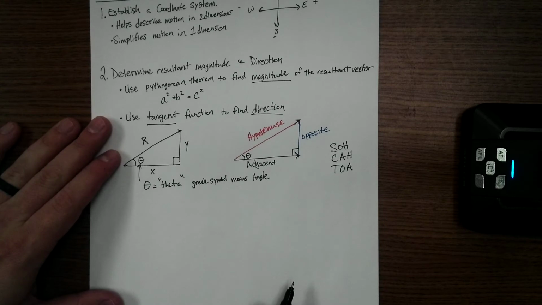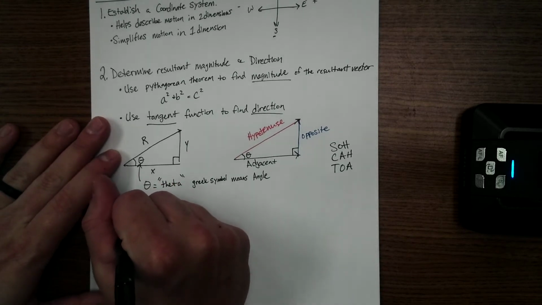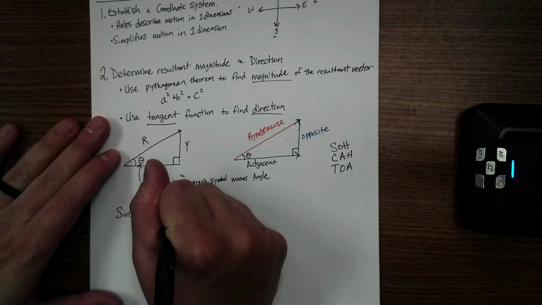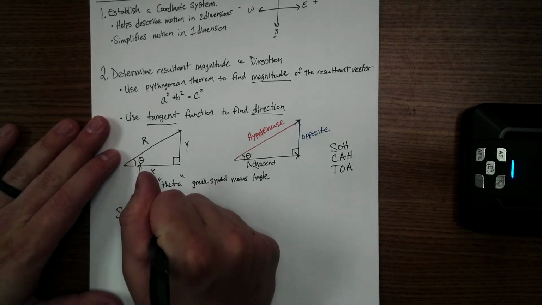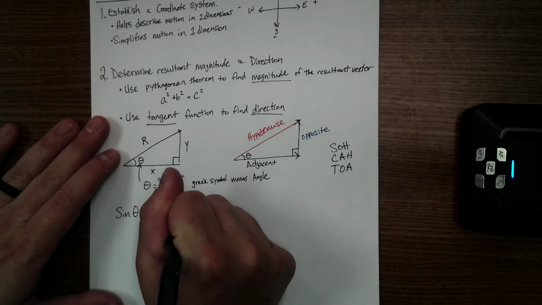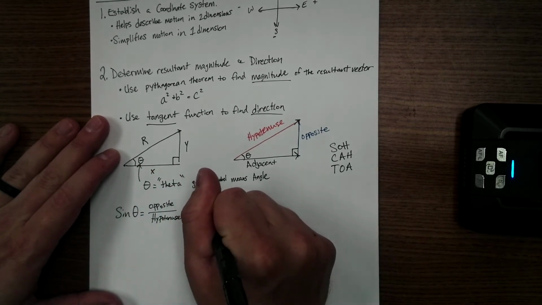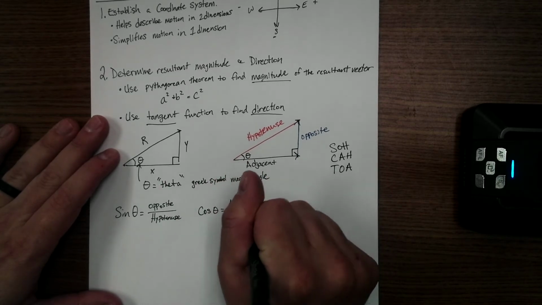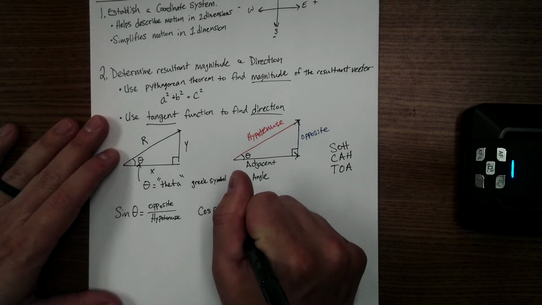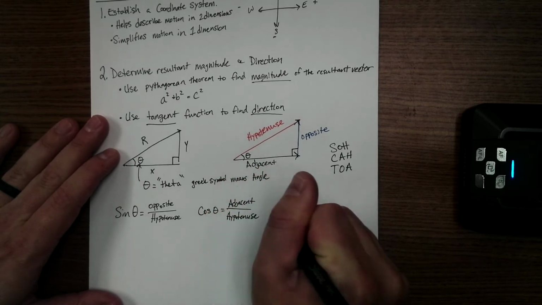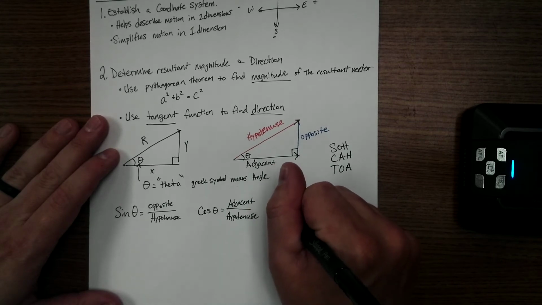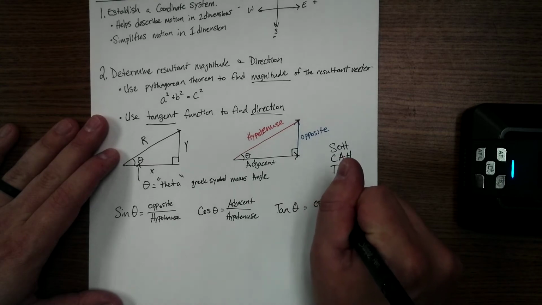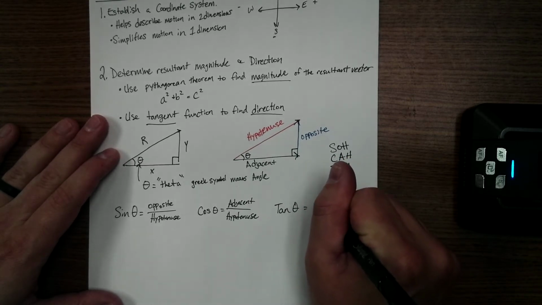So for a quick recap, the sine of an angle is equal to the opposite over the hypotenuse. CAH is the cosine of an angle is equal to the adjacent divided by the hypotenuse. And TOA is the tangent of an angle, which is equal to the opposite over the adjacent.